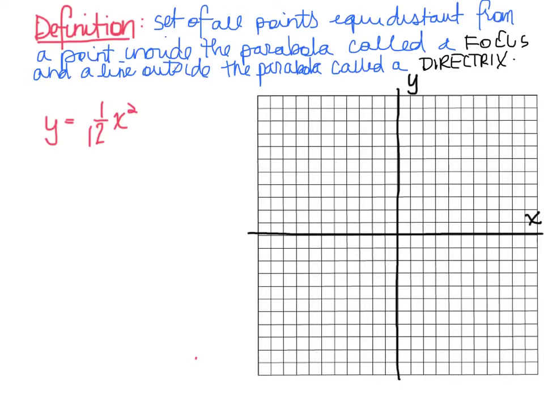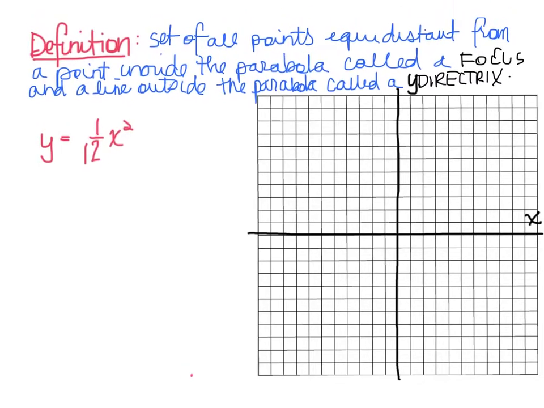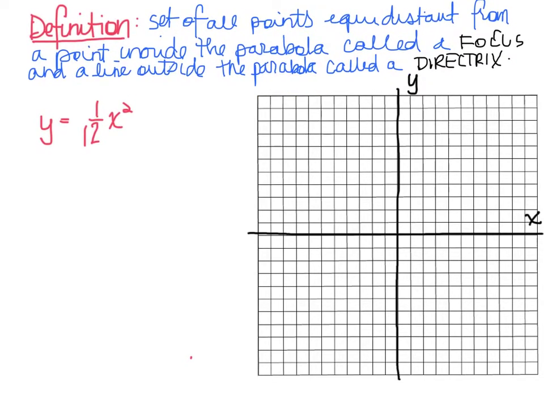Okay, so we're going to look at this quadratic, which you guys could easily graph. It has a vertex at 0, 0. The axis of symmetry is x equals 0. We could plot points and get it, but we're actually going to put it now in standard form. So that's going to be x minus h squared, since it's an x squared, equals 4p times y minus k.